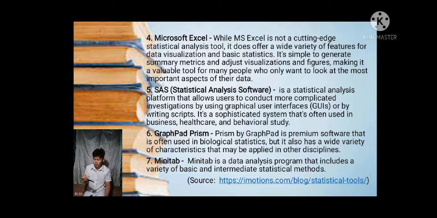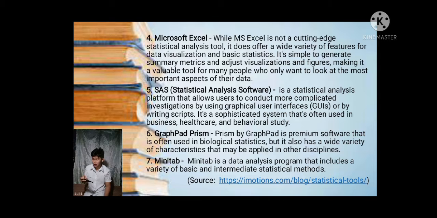4. Microsoft Excel. While MS Excel is not a cutting-edge statistical analysis tool, it does offer a wide variety of features for data visualization and basic statistics. It's simple to generate a summary metric and adjust visualizations and figures, making it a valuable tool for many people who only want to look at the most important aspects of the data. 5.